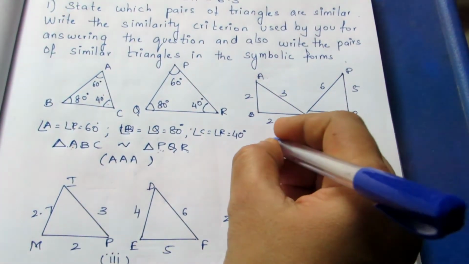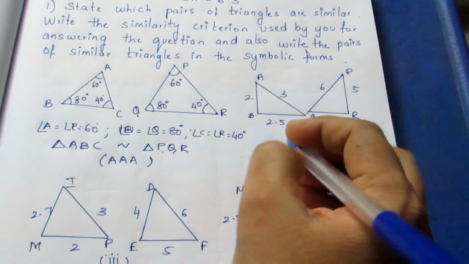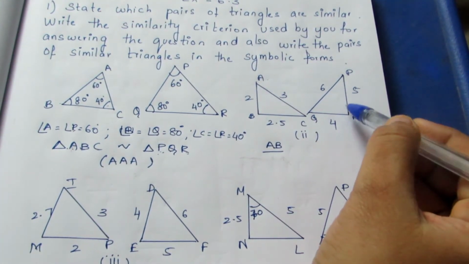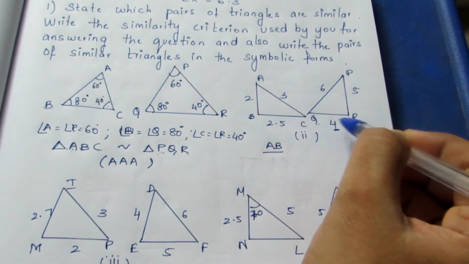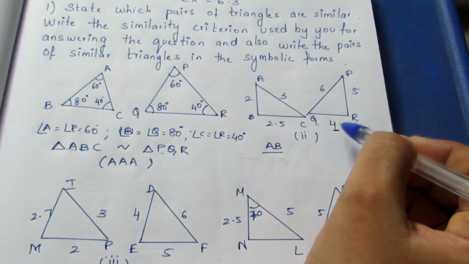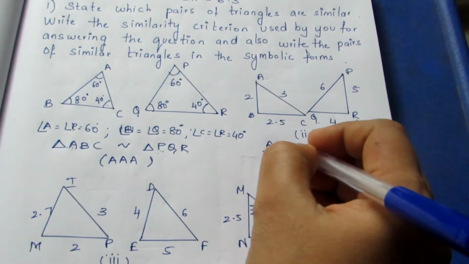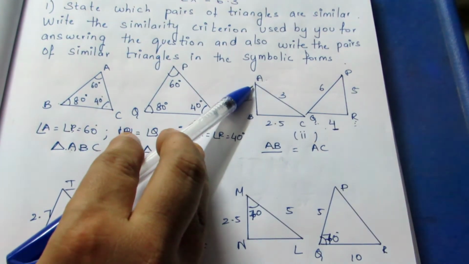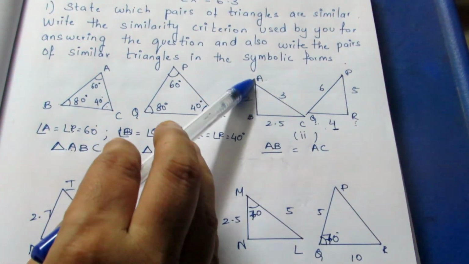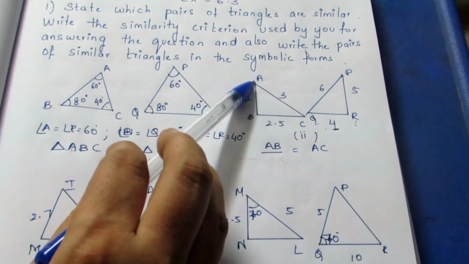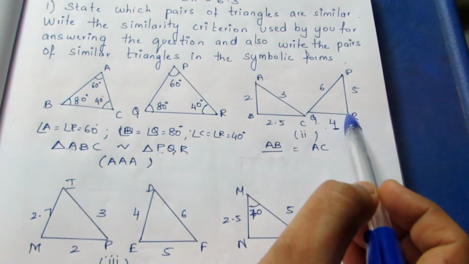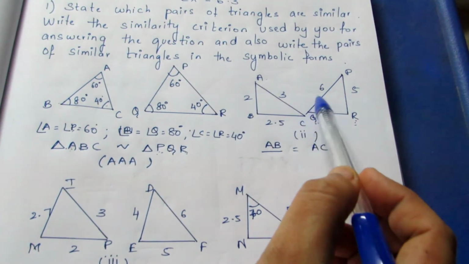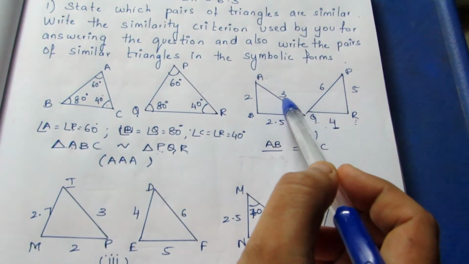So write the proportionality. AB is 2, and here we are getting QR. It can be RQ, it can be QR. We need to check whether it is RP or QR. Let me write the next one. It is AC. So I am starting with A to B, here A to C, that is with 2 and then with 3. Same way it should be 4 and then 6, because here the similar proportion is 3 to 6.